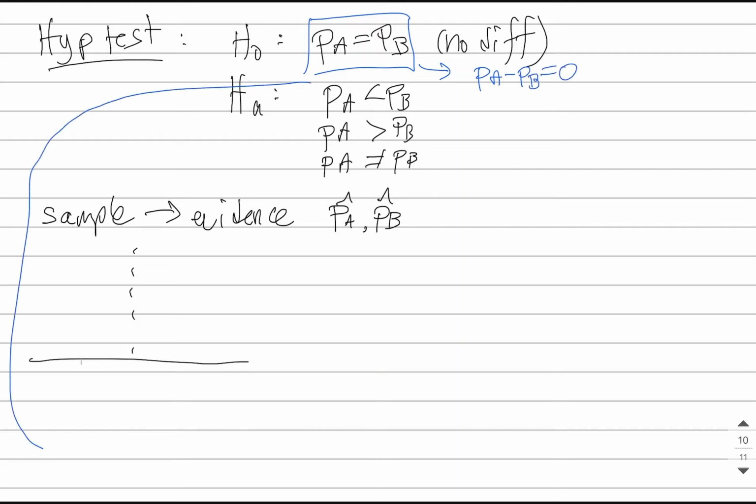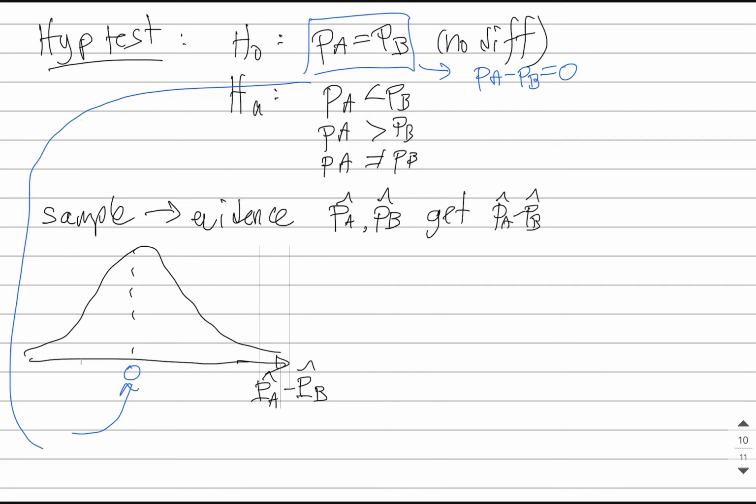So this piece of information sets the center of the sampling distribution right there. So remember, this is PA hat minus PB hat, the functions themselves. And the null hypothesis will always give us a 0 and set the center. And when we take a sample, we'll get a PA hat, PB hat, the little lowercase ones, and this is going to give us an observed value, PA hat minus PB hat. There'll be some tail area that we need to compute.